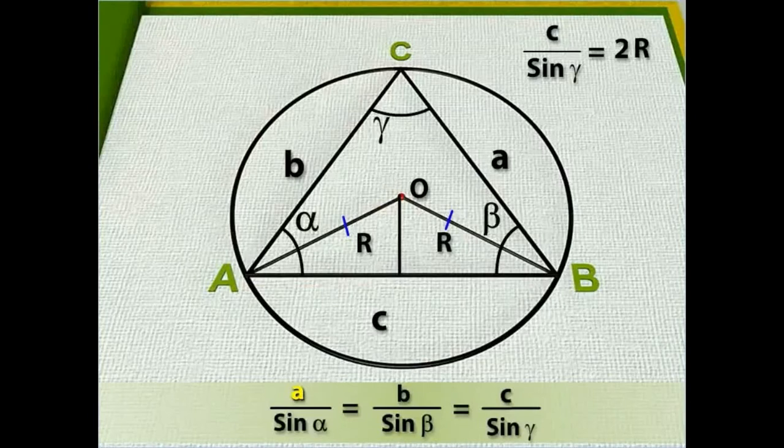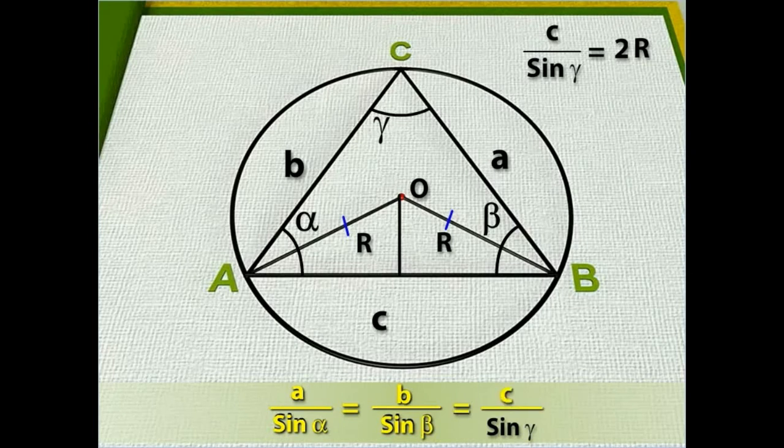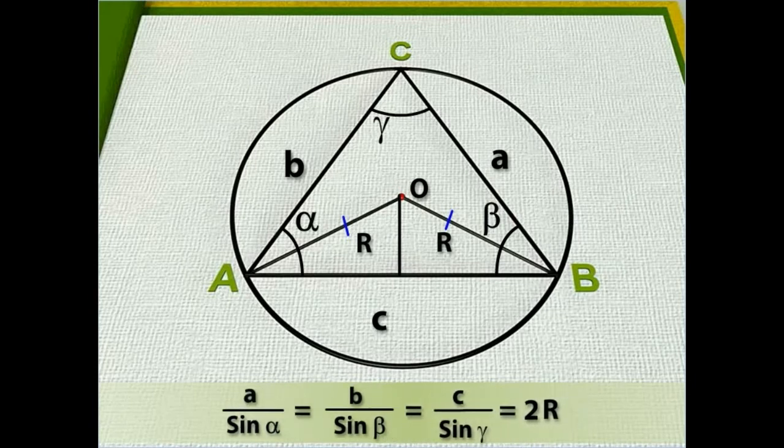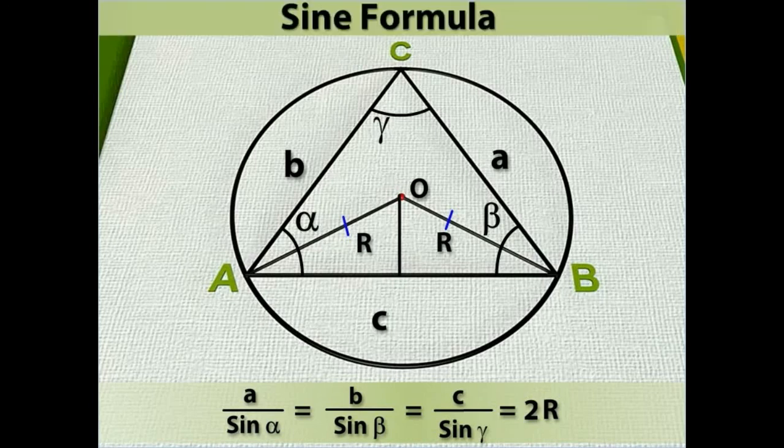Since A upon sine alpha is equal to B upon sine beta and is equal to C upon sine gamma, we finally get A upon sine alpha is equal to B upon sine beta is equal to C upon sine gamma is equal to 2R. This equation is known as the sine formula.